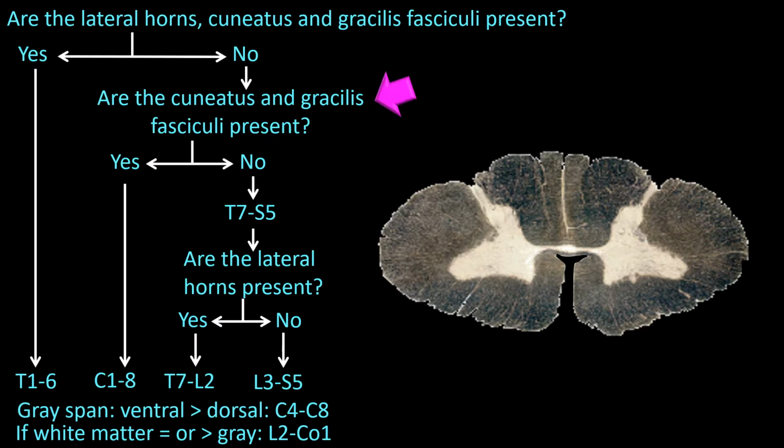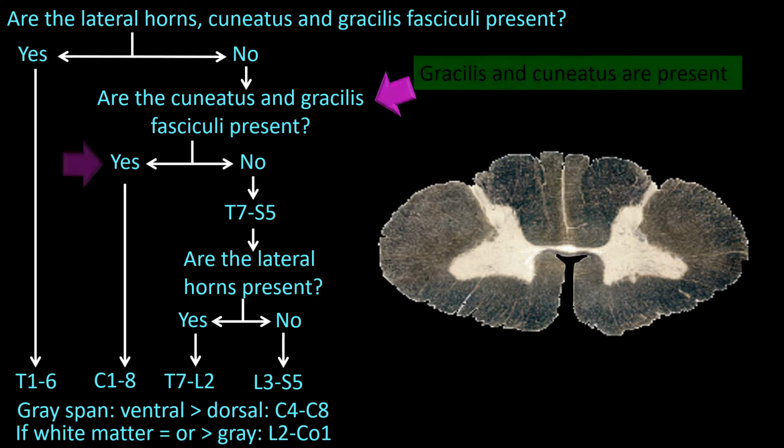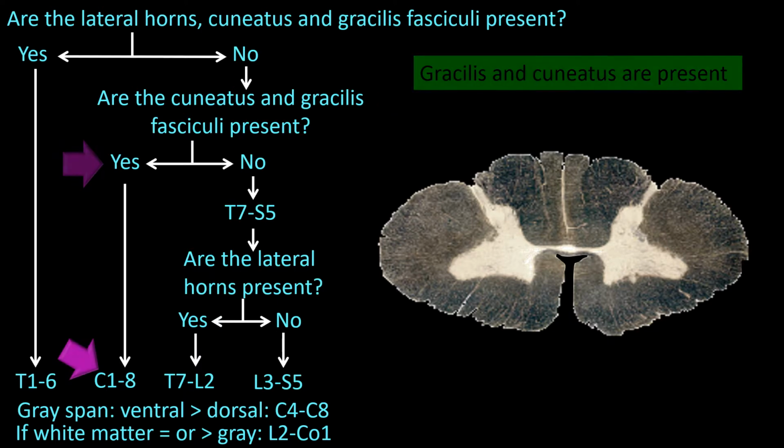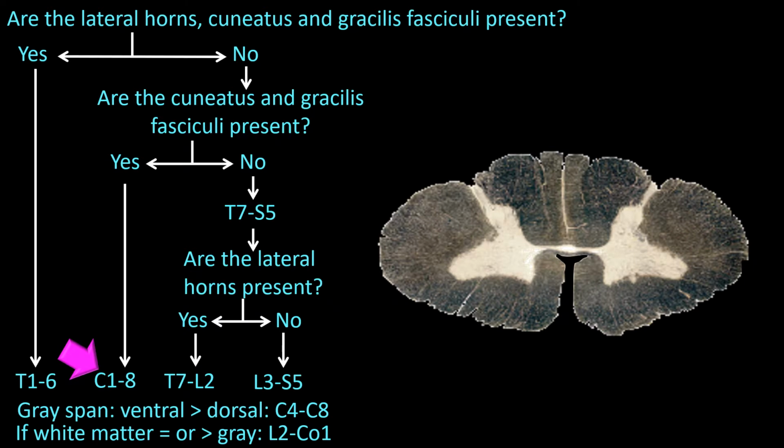Next, we should ask ourselves if both fasciculi are present. The answer to this question we already know from our previous observation. They are. At this point, we know that the level present is from C1 to C8 segment.